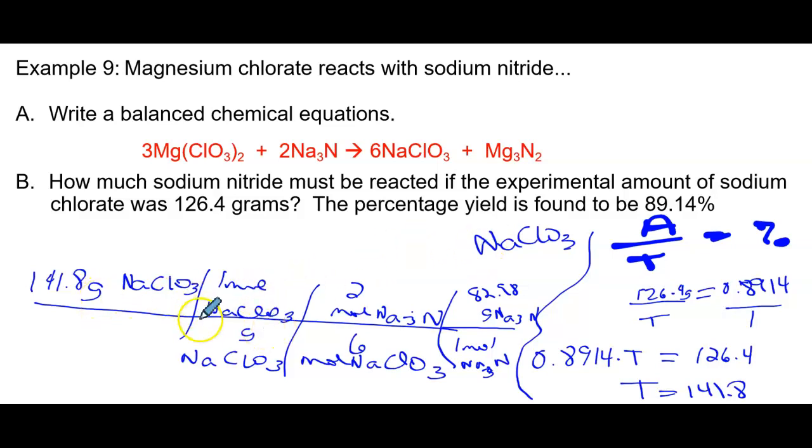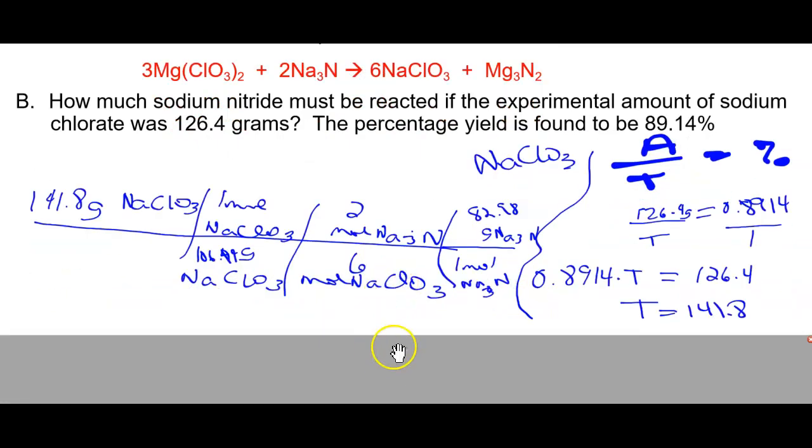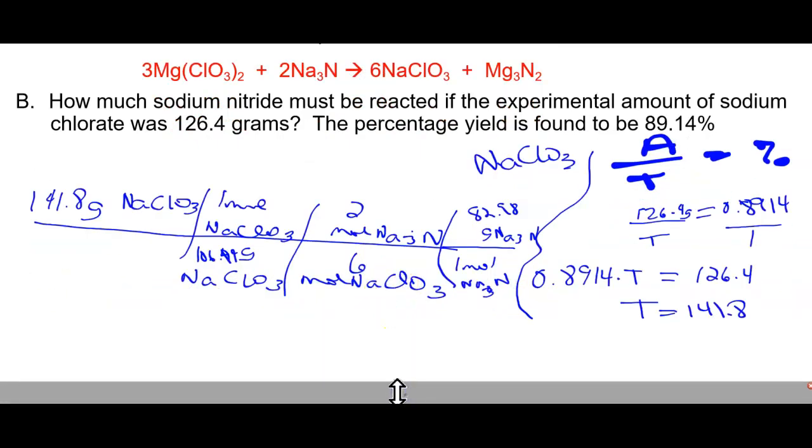So we take 141.8 times 2 times 82.98 equals, divide by 106.44, divide by 6, and we get a final answer of 36.85 grams of sodium nitride.